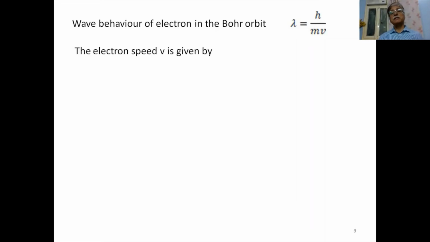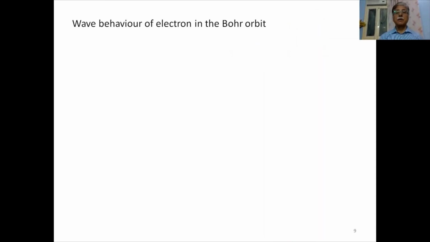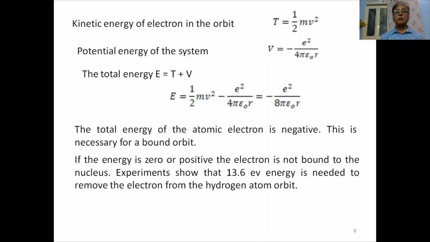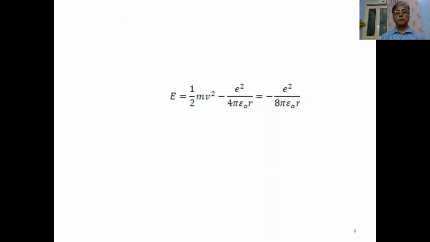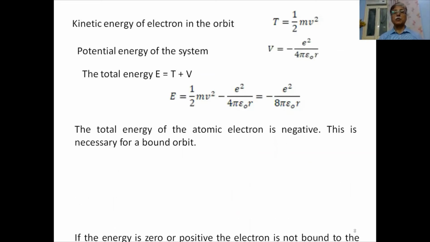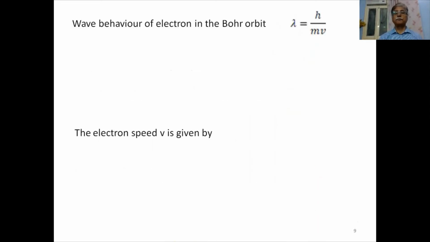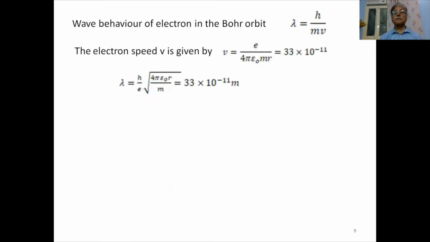The electron speed v is given by v is equal to e upon square root of 4 pi epsilon 0 mr. There should be a square root over here, as we have already seen for v earlier. So we can see from here that v is this much. If we put the value of v in the above equation, then lambda comes out to be 33 into 10 to the power of minus 11 meter.